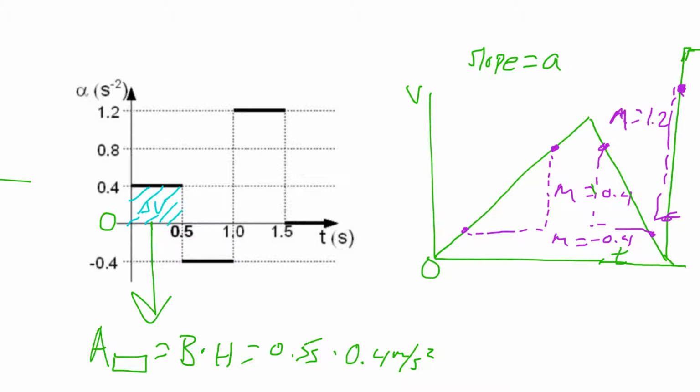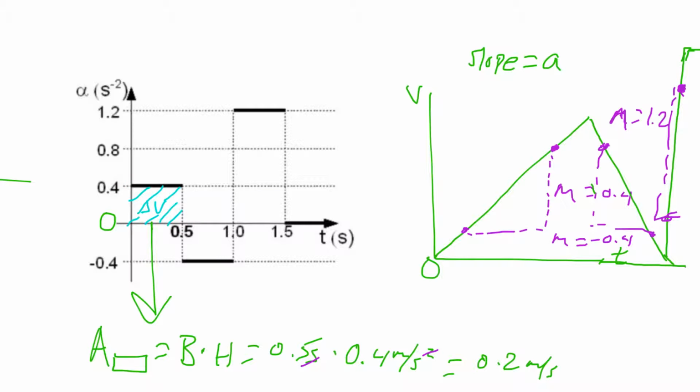This second is in the numerator, it cancels one of those seconds, and we are left with 0.2 meters per second. So this object is traveling at 0.2 meters per second during this time period here.